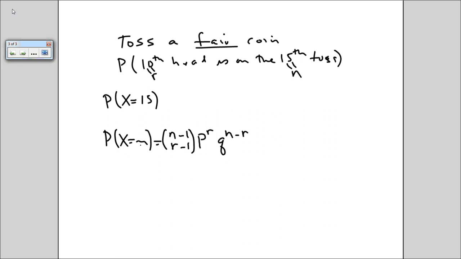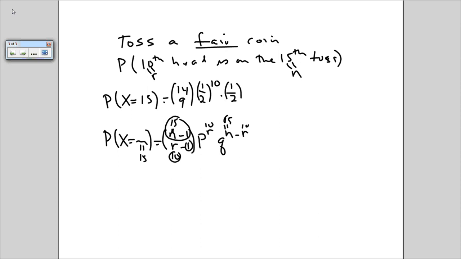Well, we know what n is. It's 15. So that's 15, and that's 15, and r is 10. 15 minus 1 is 14. 10 minus 1 is 9. p is a half to the r, which is 10, times q is the other half, and 15 minus 10 is 5.